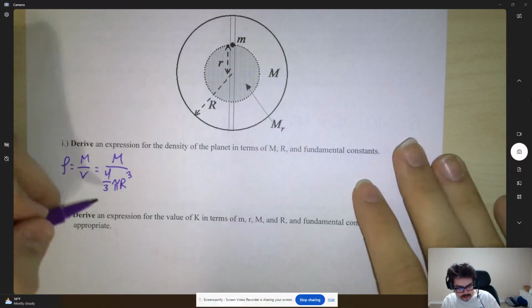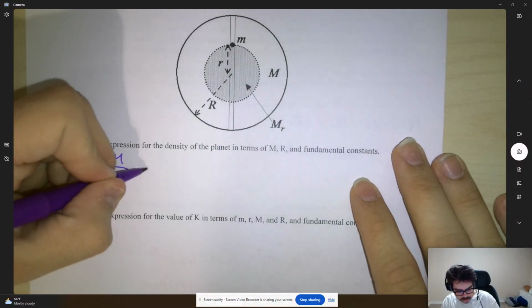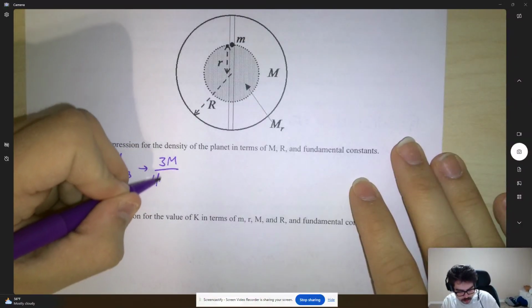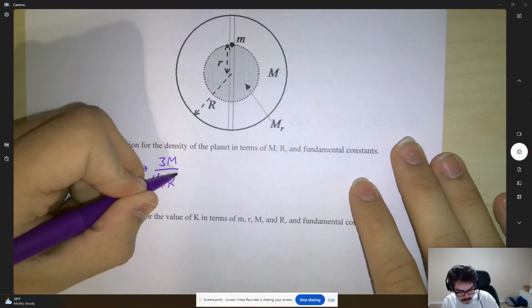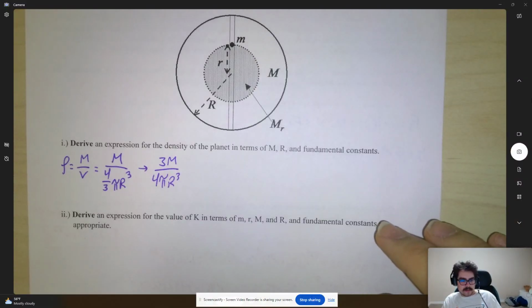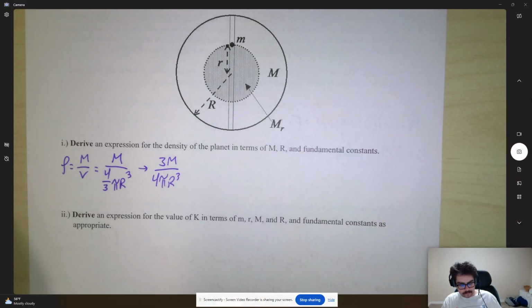And I don't really need to do much other than that. I can move this 3 up, and that gives me 3M over 4 pi r cubed. Okay. And that's perfectly fine. That's the density of the planet.